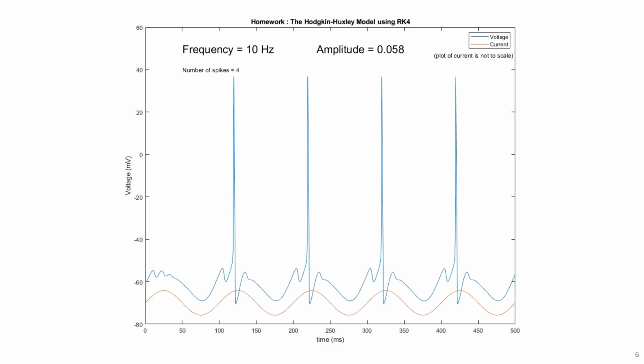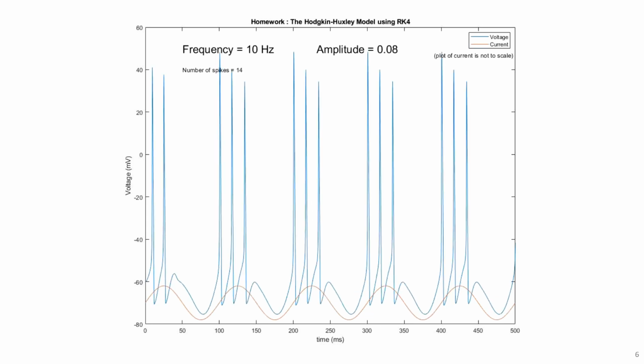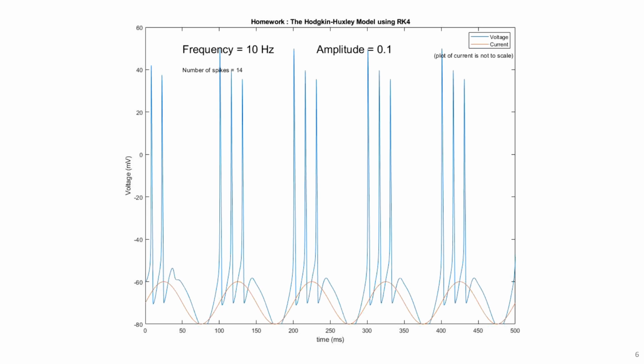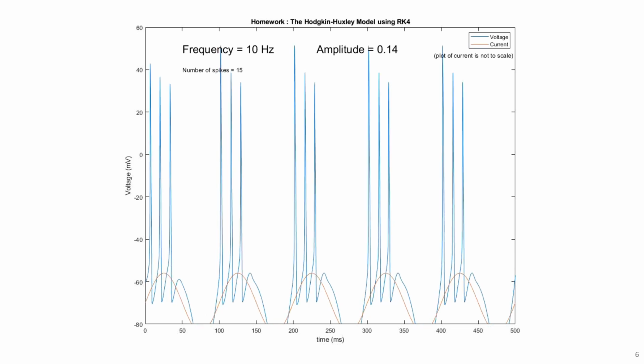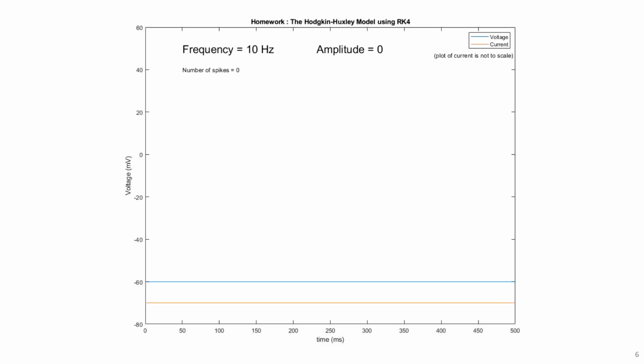So that's what happened at that particular amplitude, and then increasing the amplitude more and more, we see multiple spikes when the voltage is high and when the current is high, and when the current goes to its dip, then we don't see any spikes. And when we come to the next bump, we see multiple spikes again. So that's at 10 hertz.